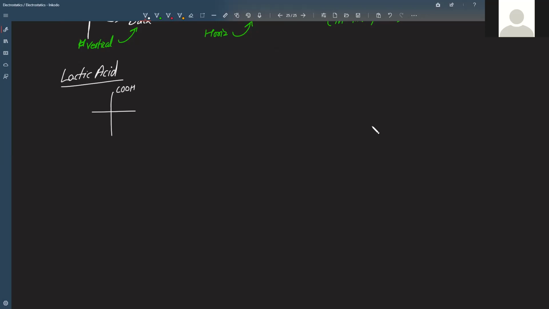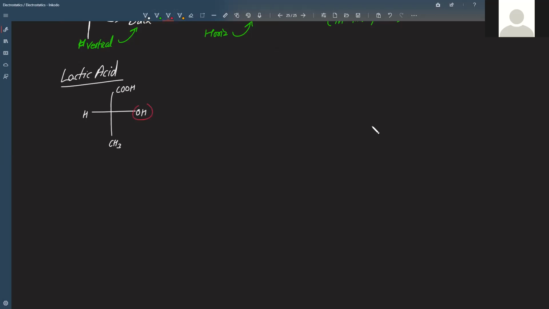CH3. So these two are at the back. And then if I'm saying H and OH on the horizontal lines, that means in this molecule, the H and OH group are actually on the top, right? So this actually means what?